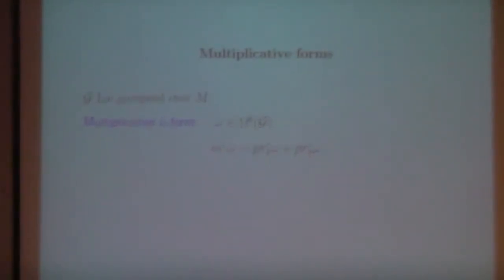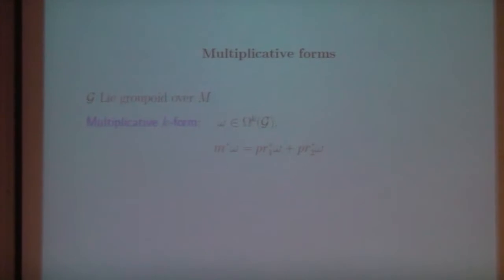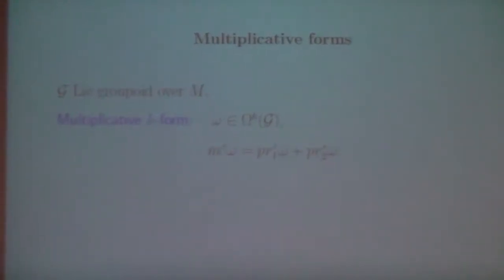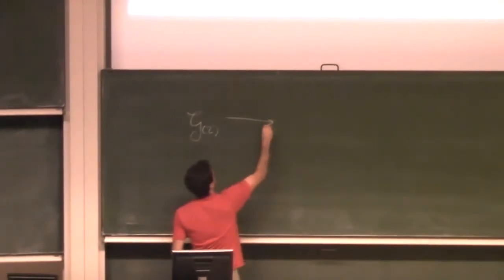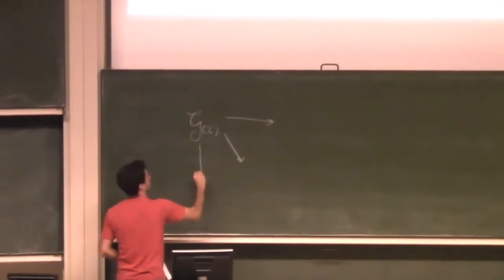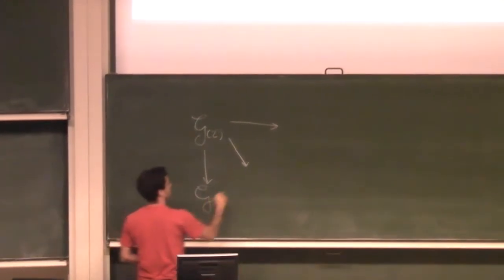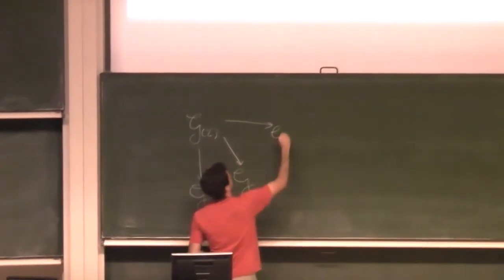Okay, so let me start by recalling the general definition of a multiplicative k-form on a Lie groupoid. Just remember what this equation really means. You have the composable pairs of groupoid elements, and there are three maps; there are three ways you can map this to G naturally.